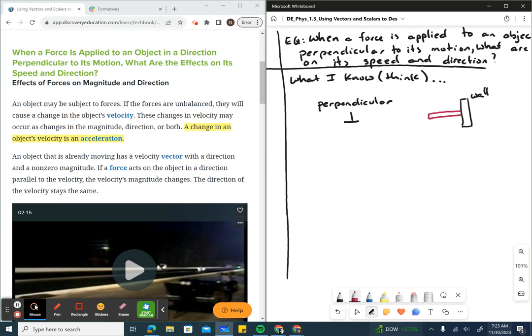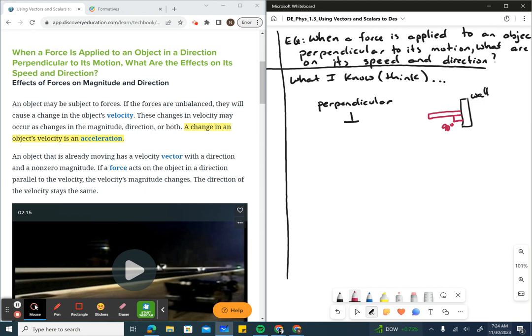The red wall is perpendicular to the black wall. You could say the black wall is perpendicular to the red wall. What does that mean? It means that they are forming 90-degree angles. The angle between them is 90 degrees. Okay, that's the definition of perpendicular.